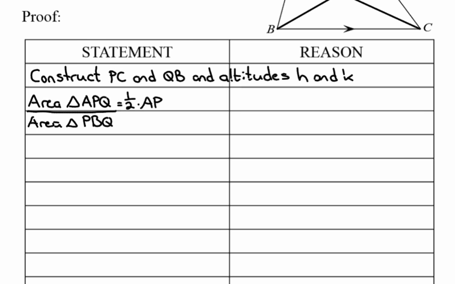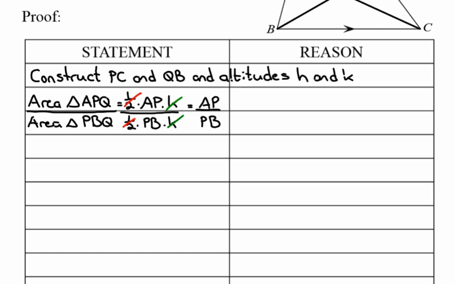And I've already shown you that we're taking the altitude of K. So it's half AP times K, and the area of triangle BPQ is half times the base is PB, and the altitude is K. Now you'll see that the halves cancel, and the K's cancel. So we're left with AP divided by PB.